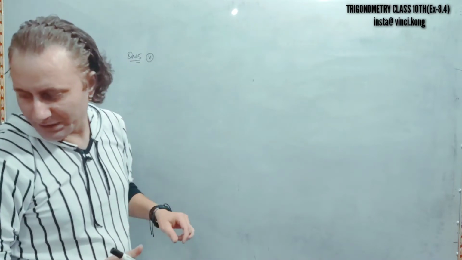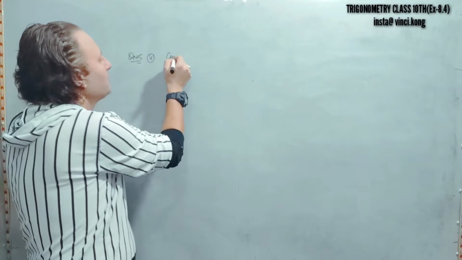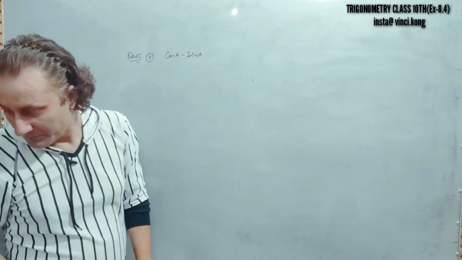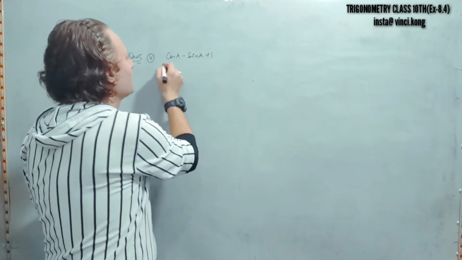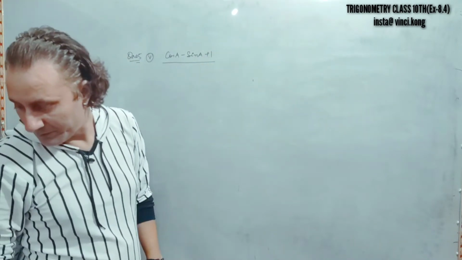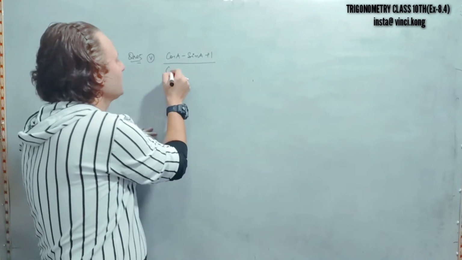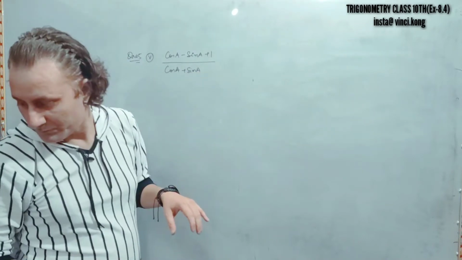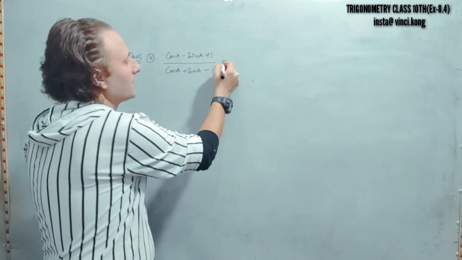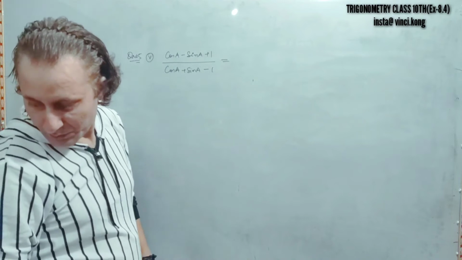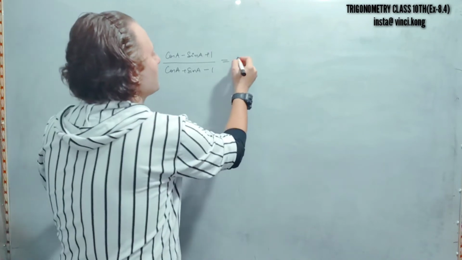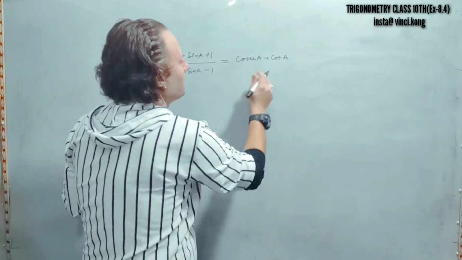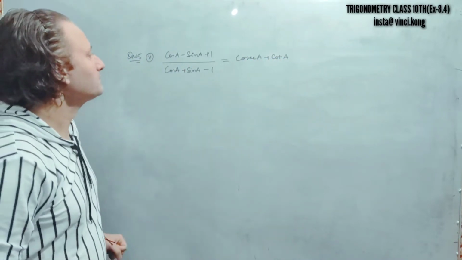So we have cos A minus sine A. Very, very important question, guys. (Cos A minus sine A plus 1) whole divided by (cos A plus sine A minus 1) is equal to cosec A plus cot A. Clear, guys?